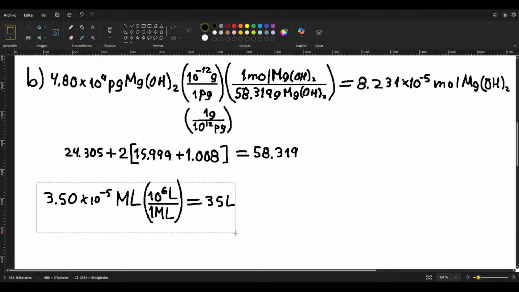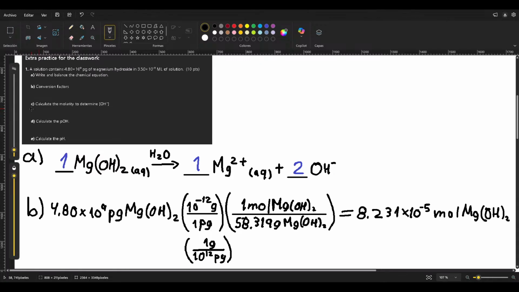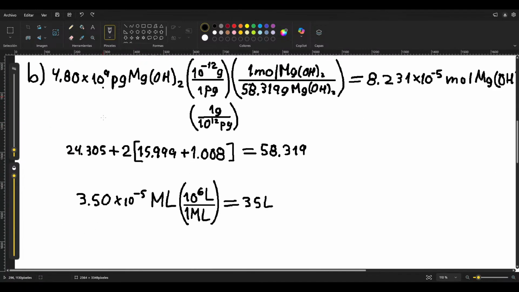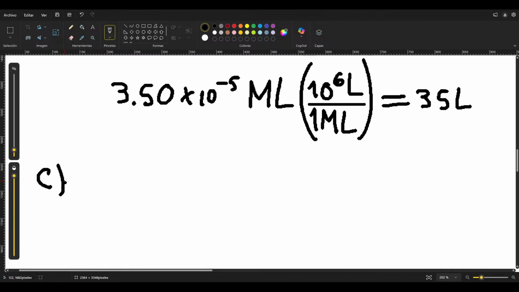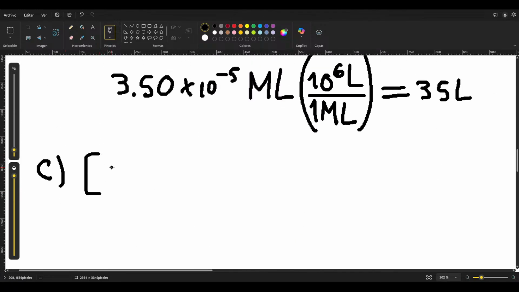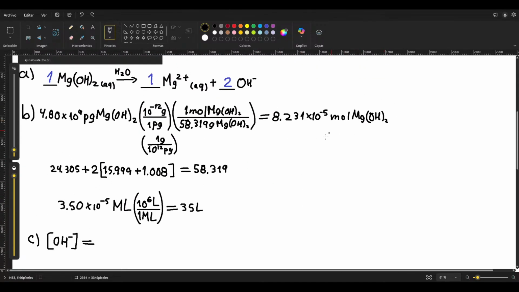Okay. So what we're gonna do with these two values now is calculate the molarity to determine the concentration of OH ions. So this is part C. Remember molarity, the concentration of OH is gonna be the moles over the liters.